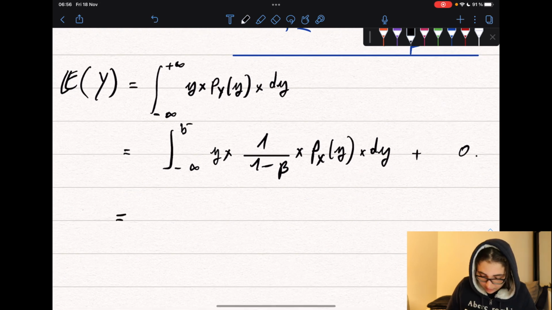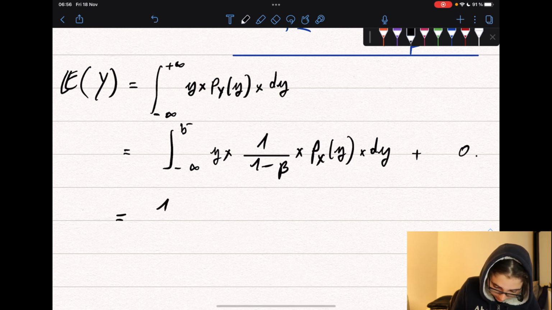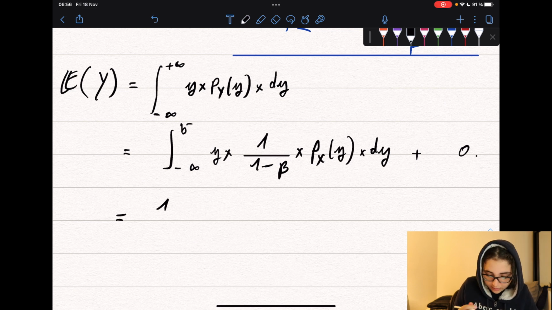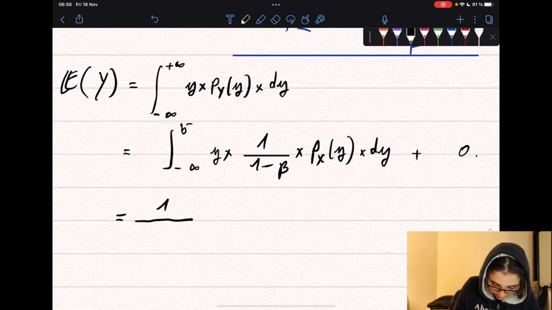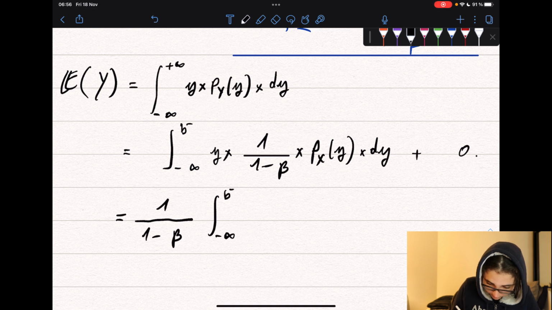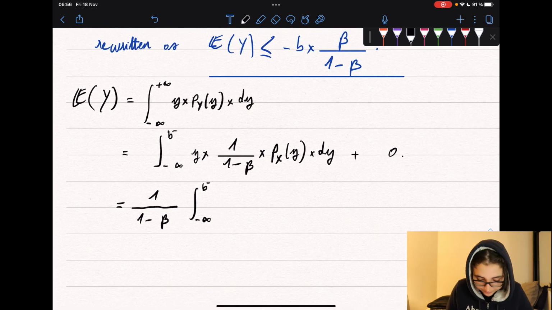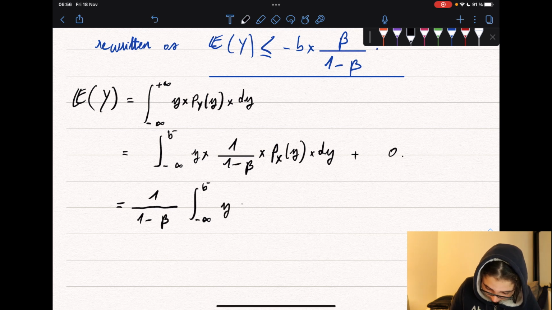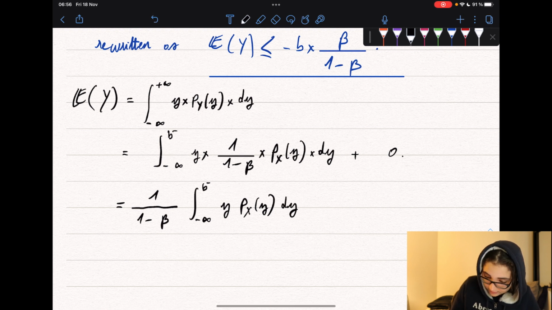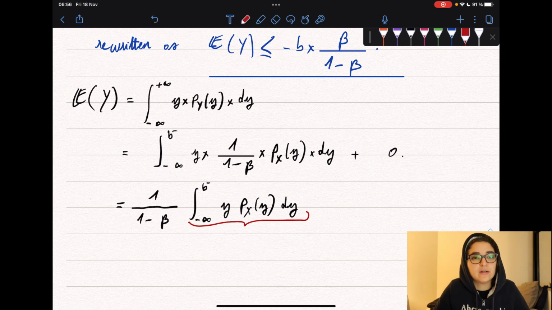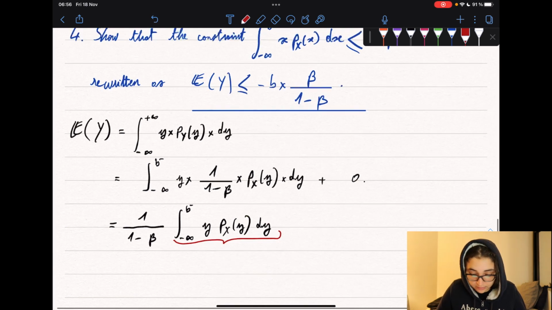Okay, and this is none other than the following. We'll take out this constant here, and we're just going to rewrite this in terms of the previous integral that we have the bound on, which is none other than p_X(y) dy. We can see here that this is exactly the integral that we have shown a bound on previously.